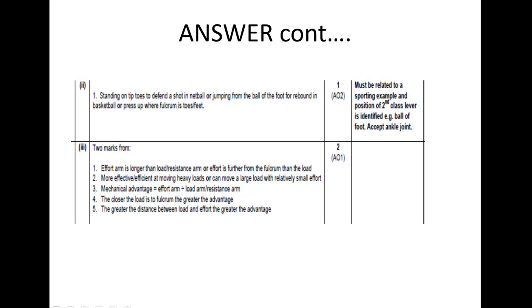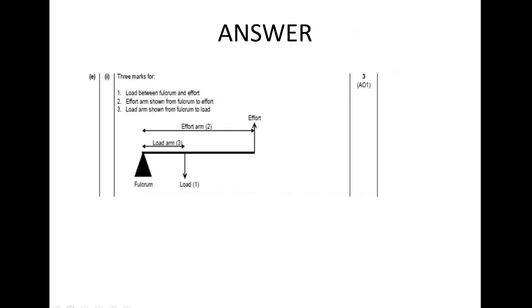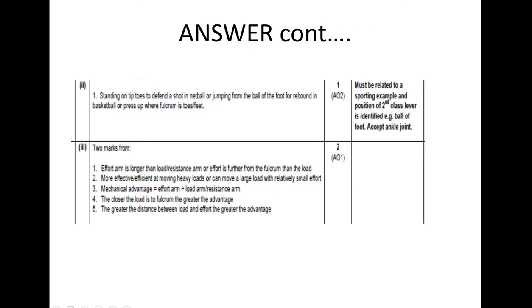Now, the third question: explain why a second class lever has a mechanical advantage, for 2 marks. You get 1 mark for saying any of these following points. So the effort arm is longer than the load or resistance arm, or effort is further from the fulcrum than the load. It's more effective or efficient at moving heavy loads, or it can move a large load with relatively small effort.